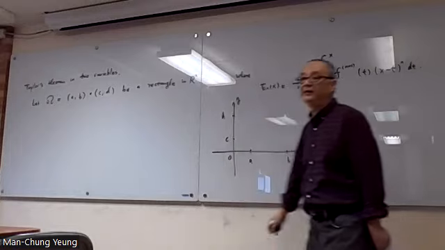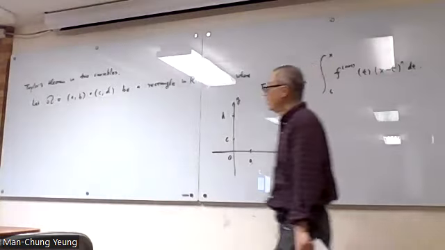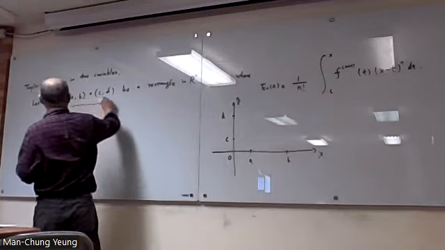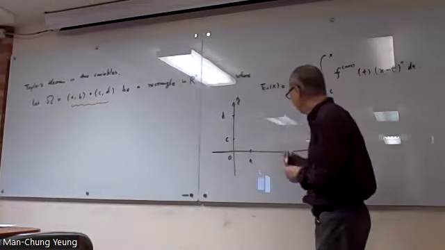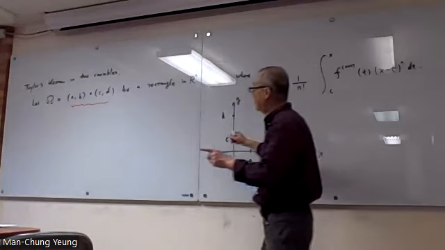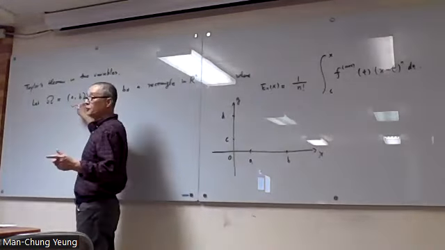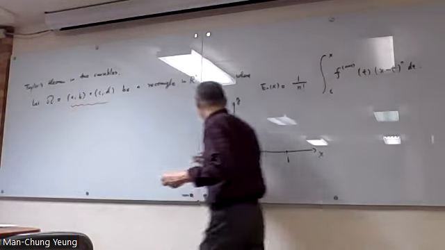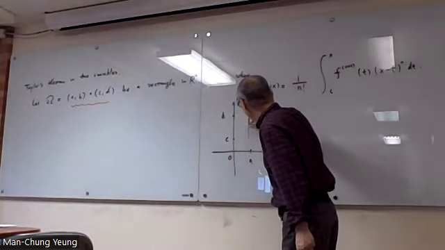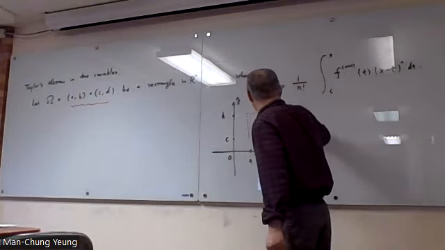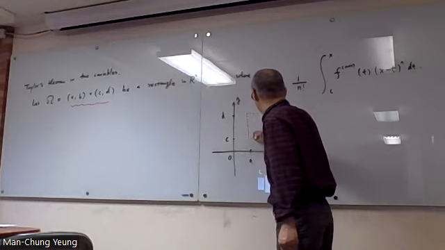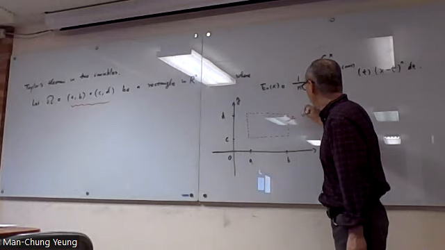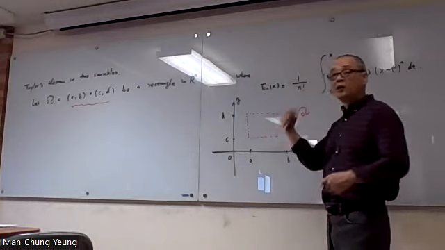Because these are open intervals, they don't include endpoints. So the boundary is not included. Omega means this rectangle doesn't include the boundary.